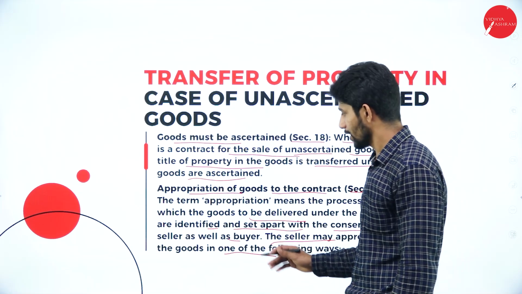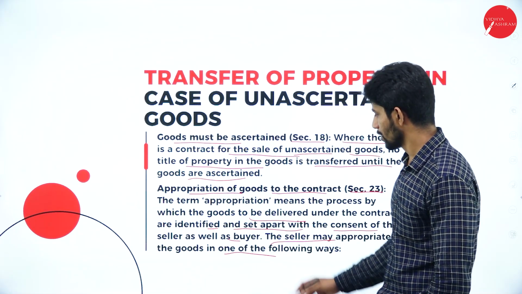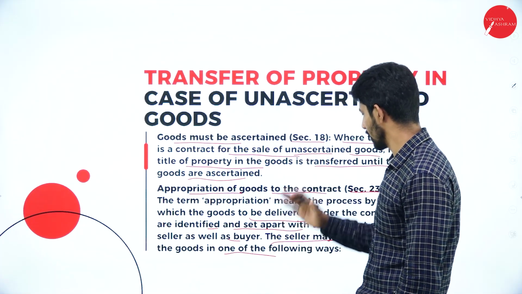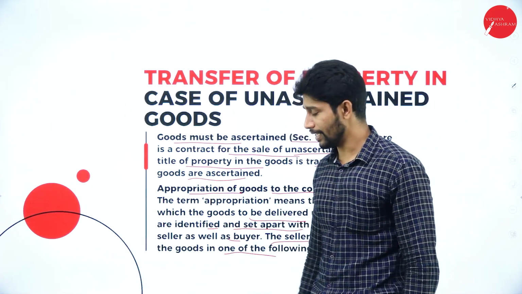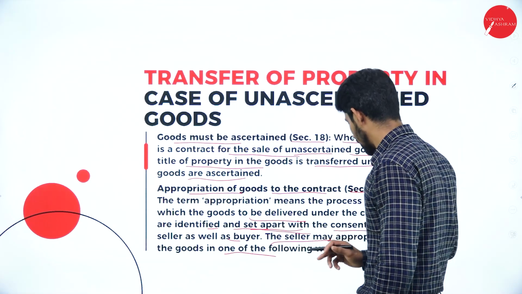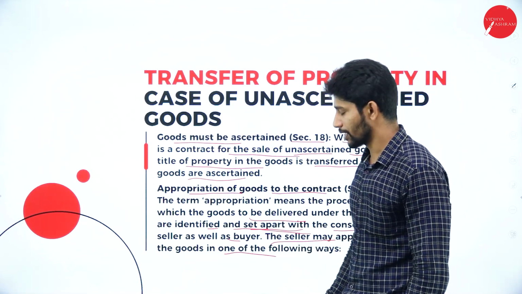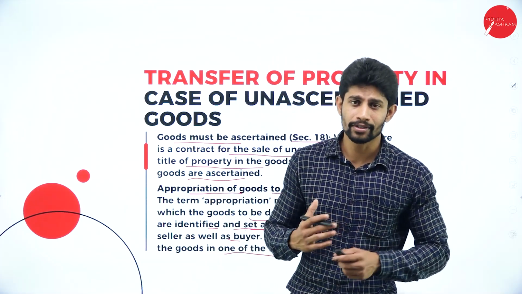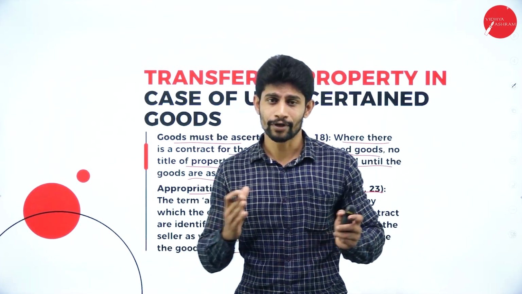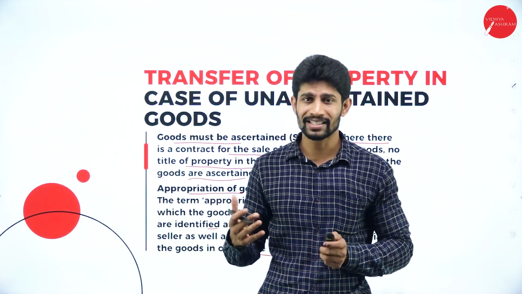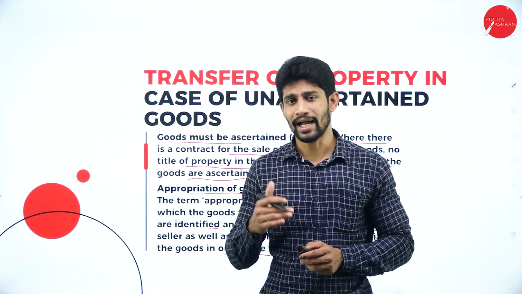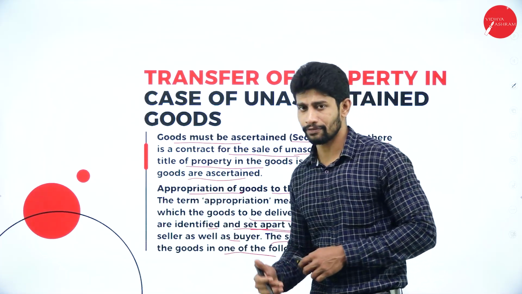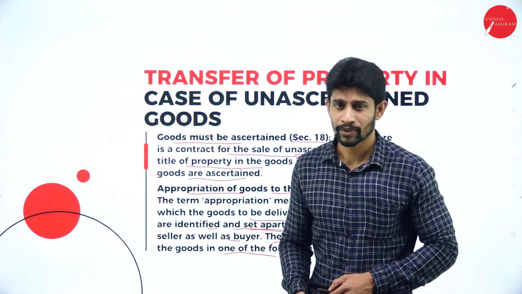So in what way we are supposed to sell the goods, and in what way we are supposed to transfer the goods from one place to another, should be decided by both the seller and the buyer. Then only they can transfer the goods from the seller's place to the buyer's place.